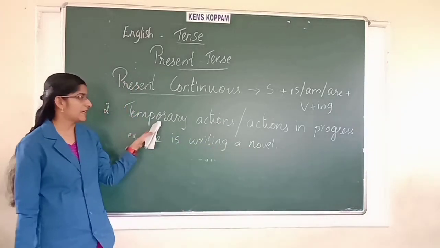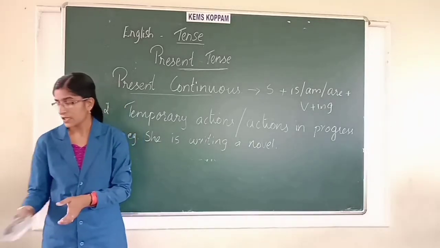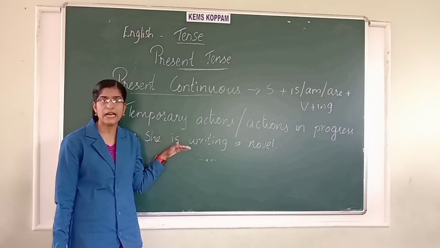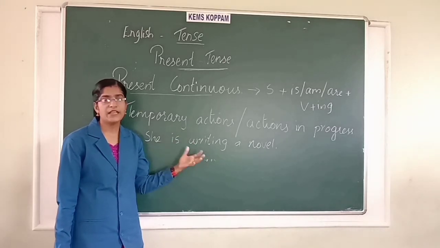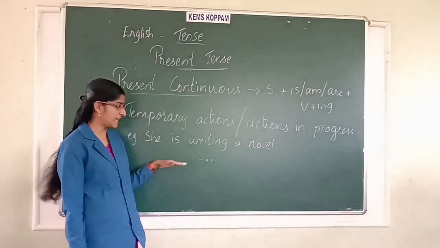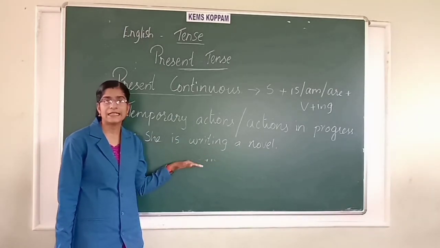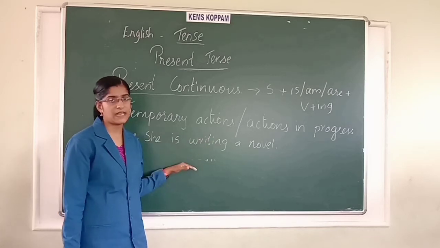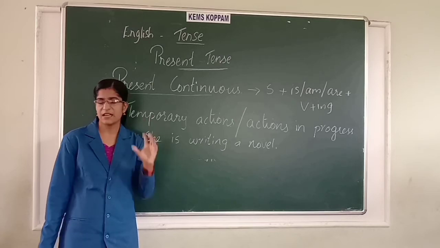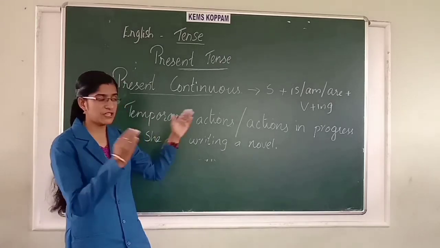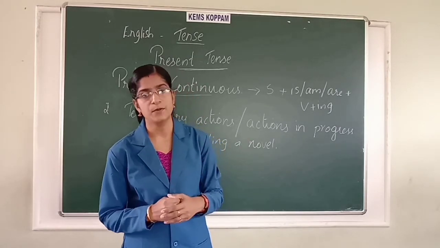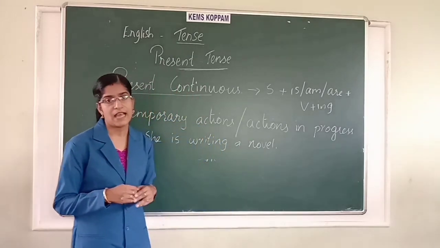And for temporary actions, for example, usually I stay with my parents, but nowadays for a week I am staying with my friends. Okay, I am staying with my friends now. Usually they play cricket, but this week they are playing football, for temporary actions.